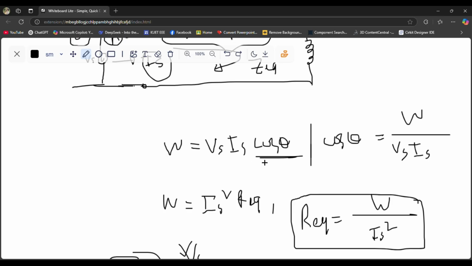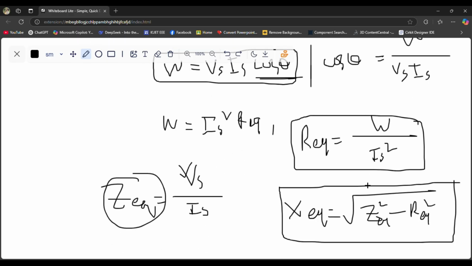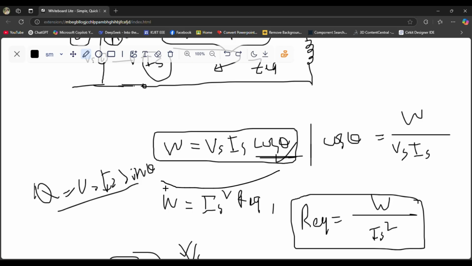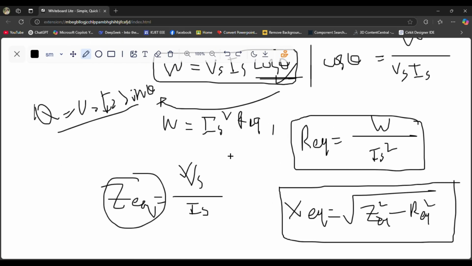We have already found the real power like this, and we can also find the reactive power: Q equals Vs Is sin theta, because we have cos theta, and from cos theta we can get sin theta. So it's easy.